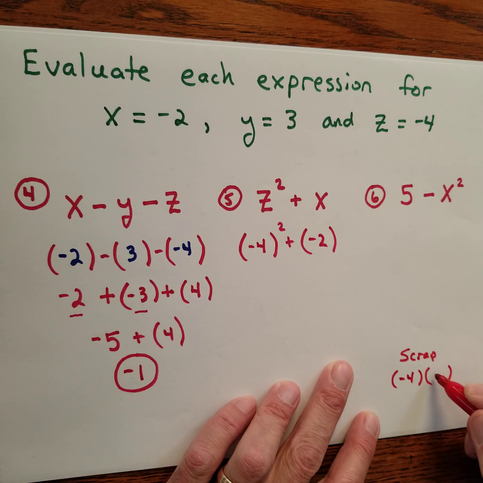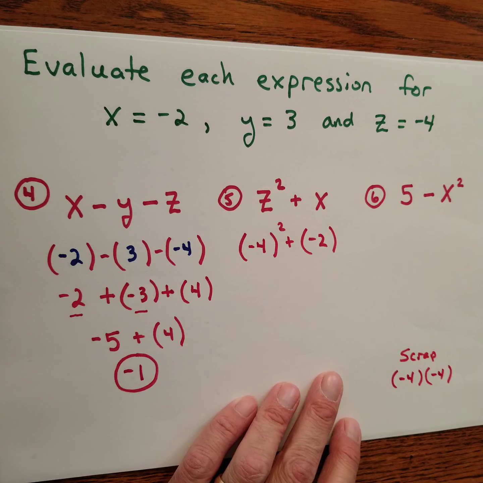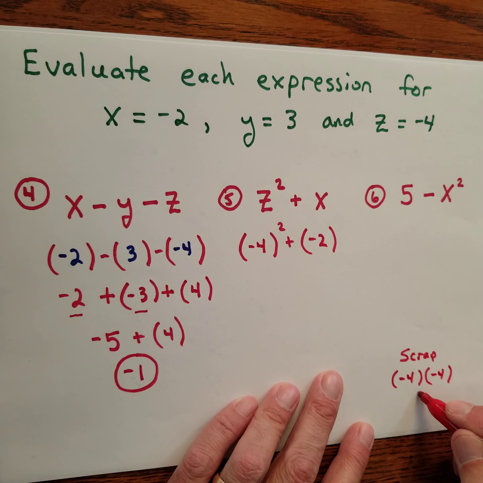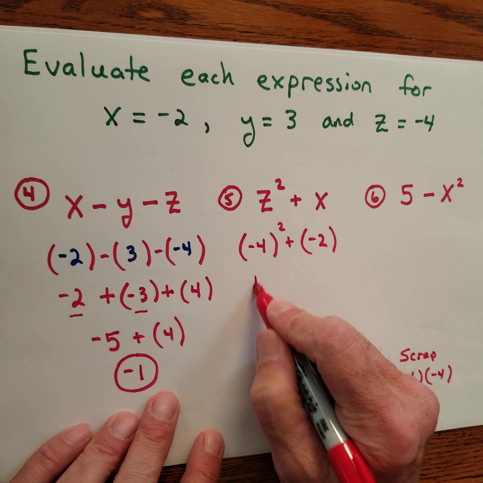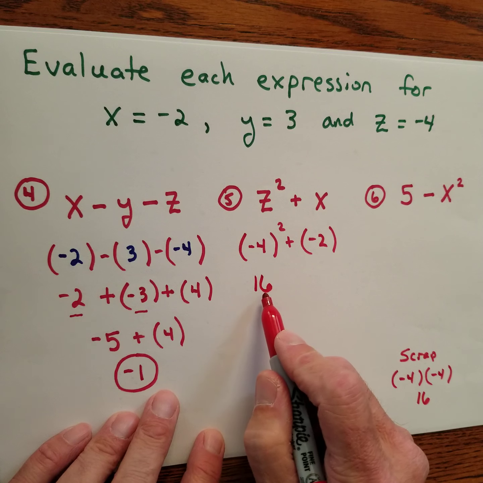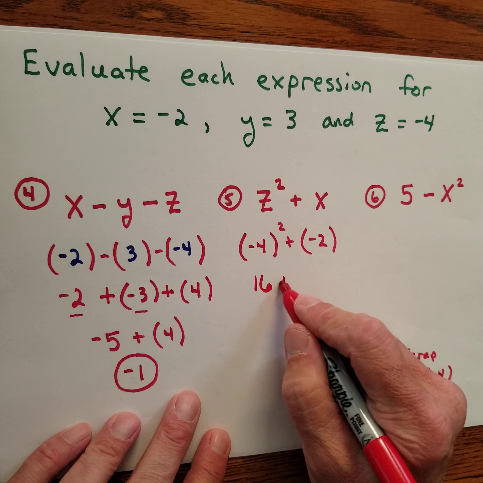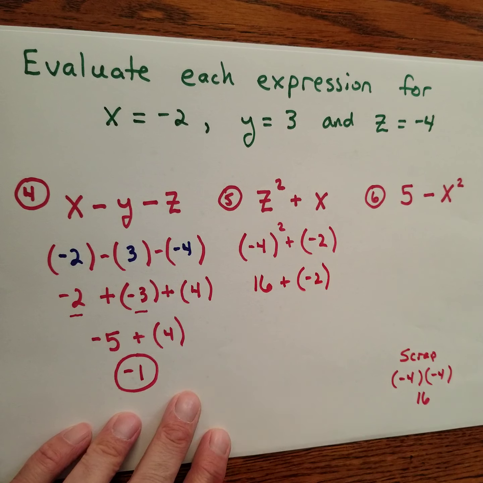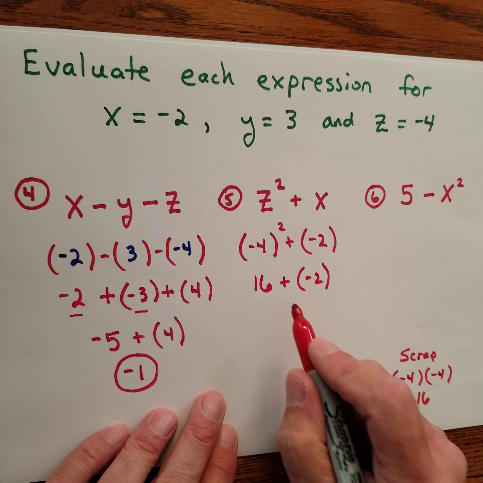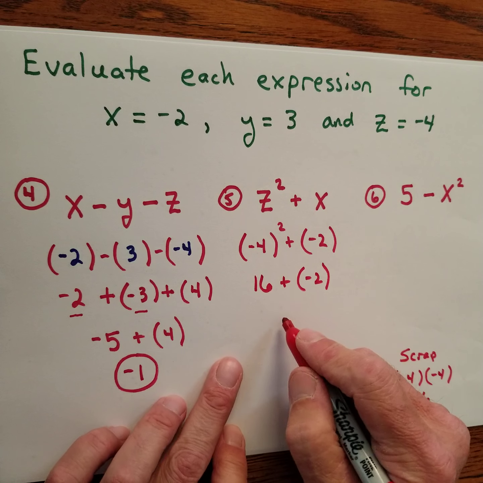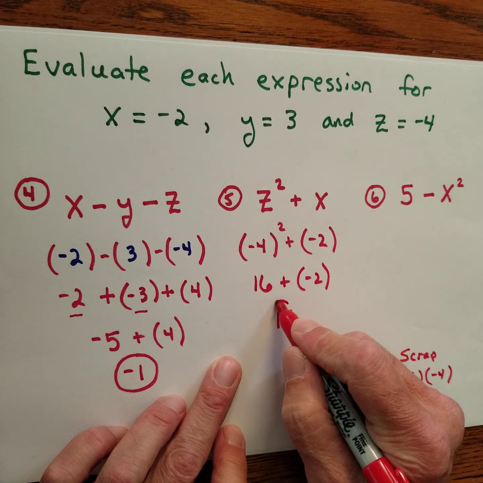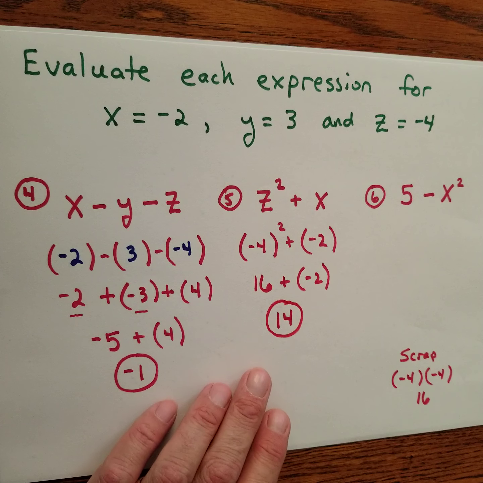That's -4 times -4. And when I multiply two negatives together, I get a positive. -4 squared is +16. Plus -2. Now when I'm adding and I have different signs, I subtract and take the sign off the larger number.